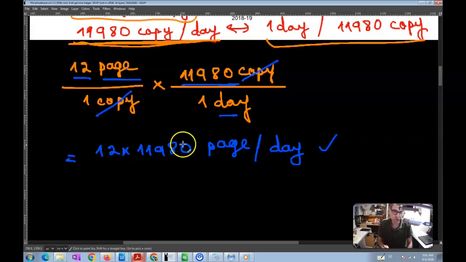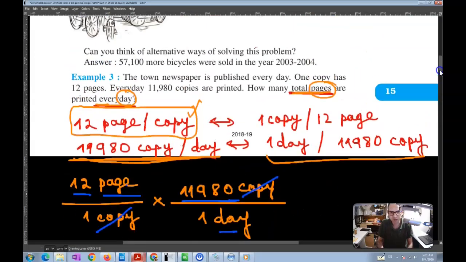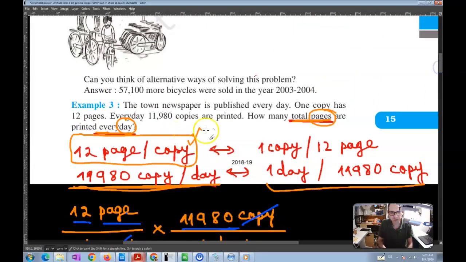In the first solution, we had the exact same thing, 12 times 11,980 pages per day. And that's how you can solve these types of problems where something depends on something else, and then that thing depends on something else, and so on and so forth. So that's how you solve your problem.